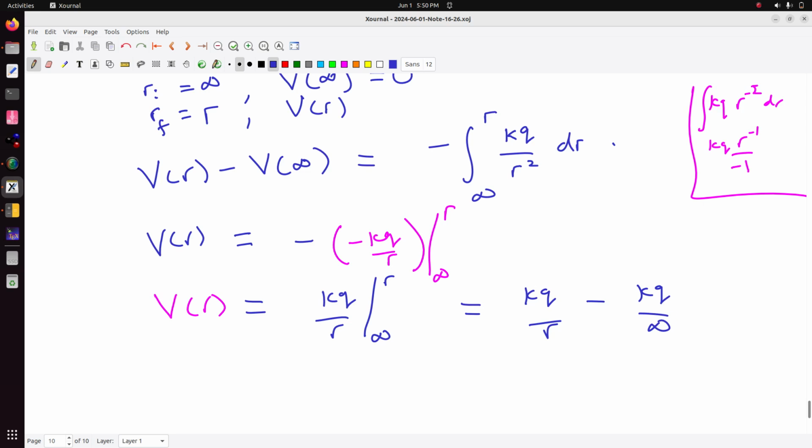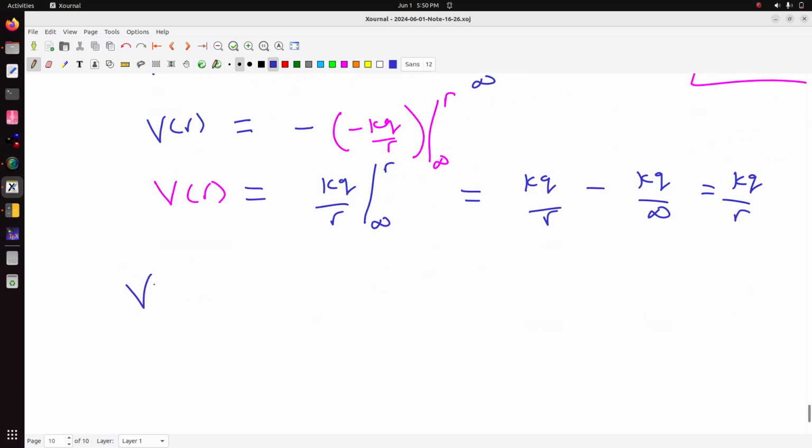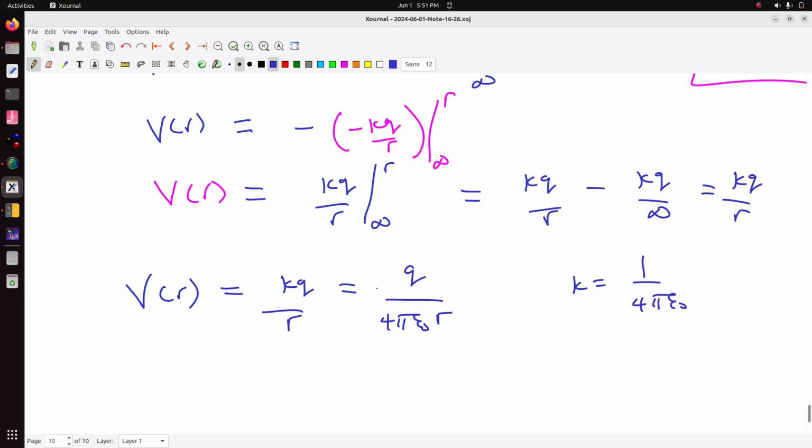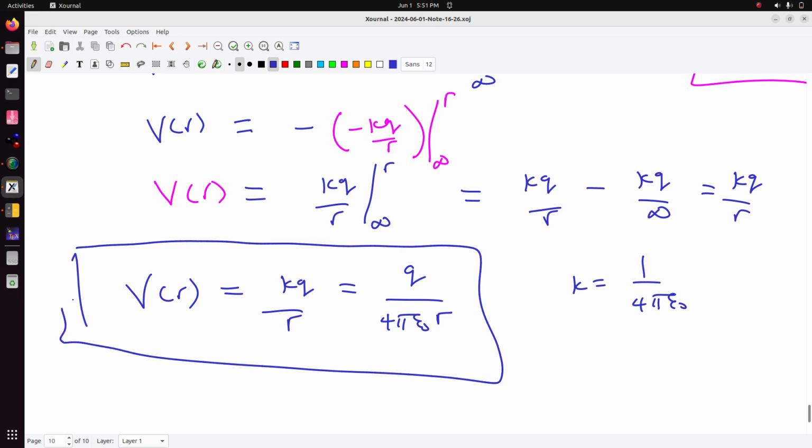So this is just kq over R. So it means the potential due to a point charge is kq over R, or you can write it as q over 4 pi epsilon naught R, because k is 1 over 4 pi epsilon naught. So this is the potential due to a point charge.